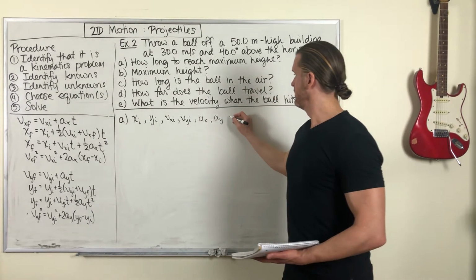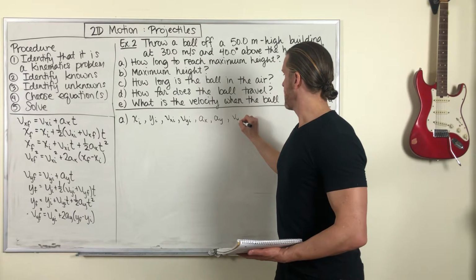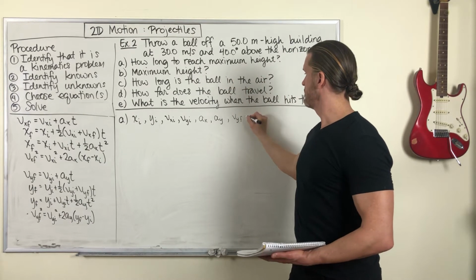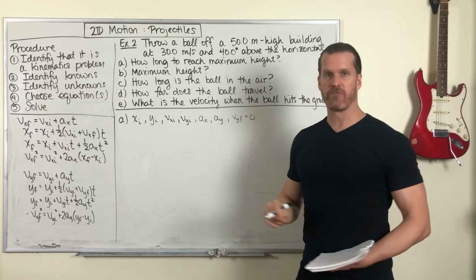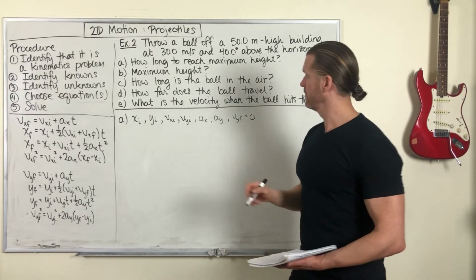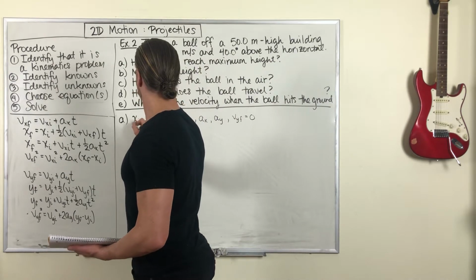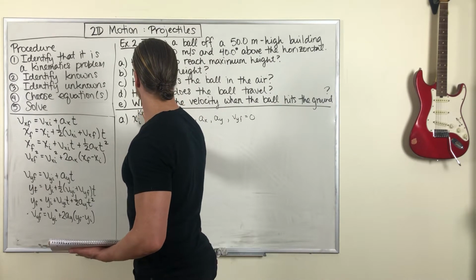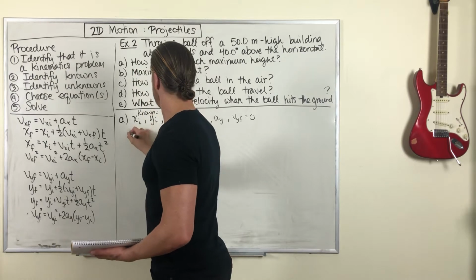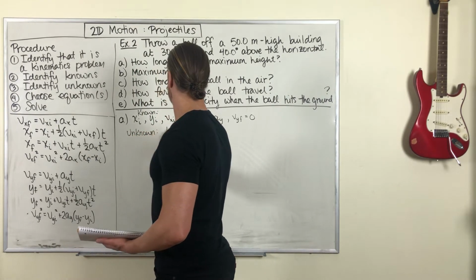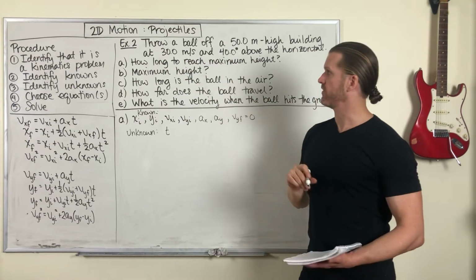And we know that Vy final at the maximum height will equal 0. So those are our known quantities. And our unknown that we're trying to find is the time.